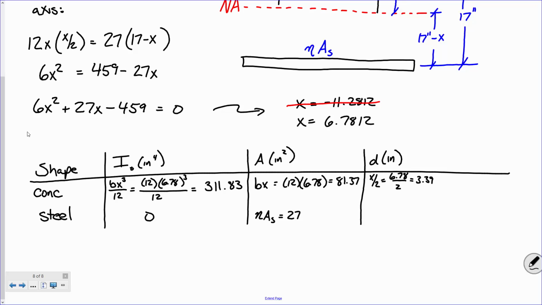How far is it from the centroid of the whole thing to where the steel is located? There we go.